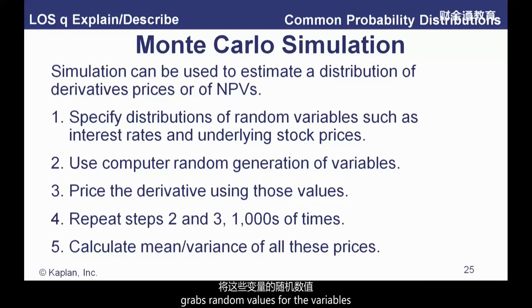Grabs random values for the variables that are affecting the value of the option and calculates the value of the option. So now we've got a whole distribution of thousands of outcomes that show the distributions of the option value based on these random draws of the variables of interest thousands of times.